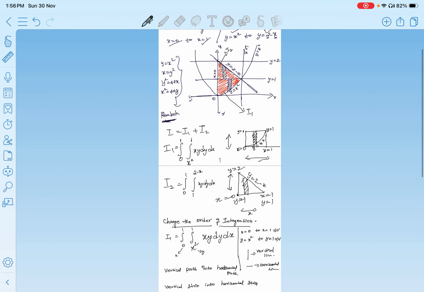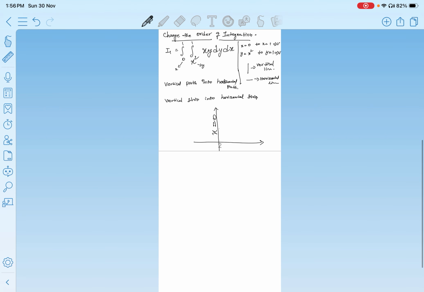So your x equal to 0 is not going to change. It is going to be the same. Vertically, horizontally it is revised or not, we don't care.